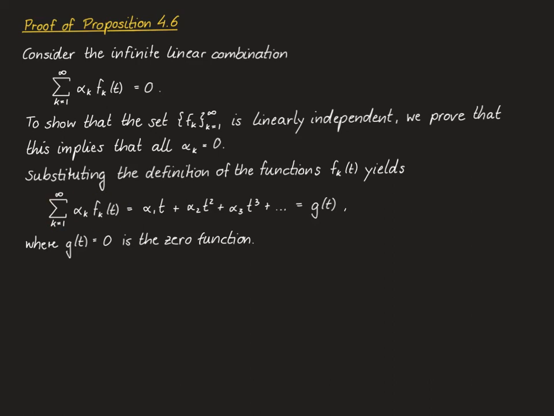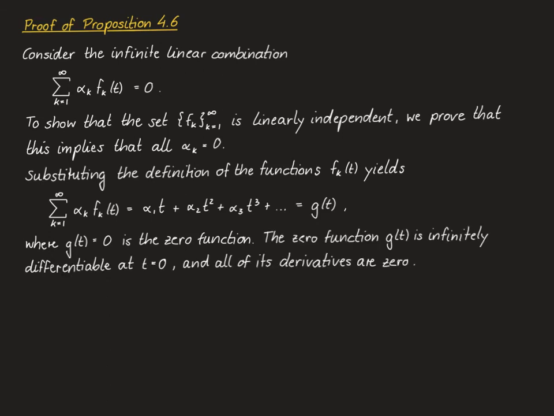What we get is alpha 1 times t plus alpha 2 times t squared plus alpha 3 times t cubed and so on. And this is equal to g of t, where g of t is the 0 function. By writing it like this, we've made it more explicit that this 0 actually stands for the 0 vector, which is in this case the 0 function.